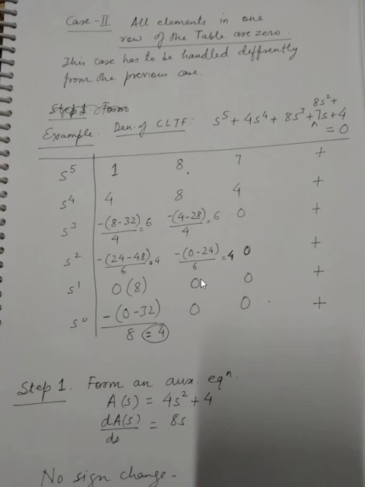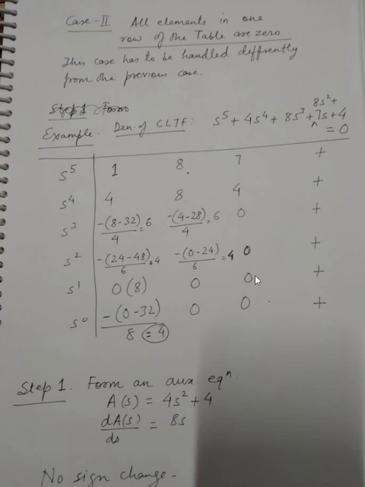So what have we got here? 6, 6, 0, 4, 4, 0. When we come here, 6 4s are 24 minus 6 4s are 24 is 0. So this entry becomes 0. This entry will be 0 because you have two zeros here, and similarly this will also be 0.